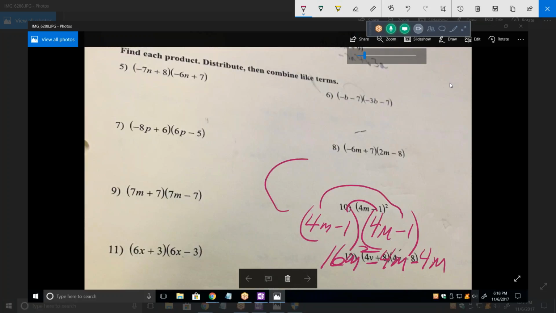Negative. It's just 1. Sign first. Plus 1. I need the plus. I cannot leave the plus out. If I leave the plus out, I get the problem wrong. Now combine terms. Negative 8m plus 1. That's it.